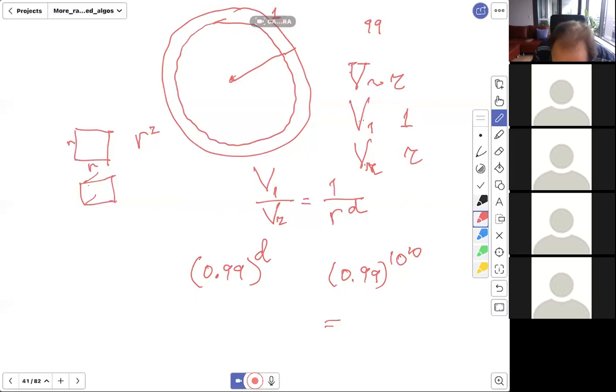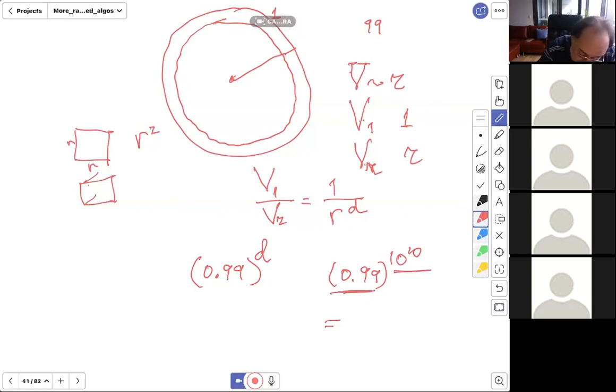It's going to be almost 0. Even though I reduce the radius a tiny little bit, its mass is going to disappear, because when I take it to the power D, it's going to be extremely small.